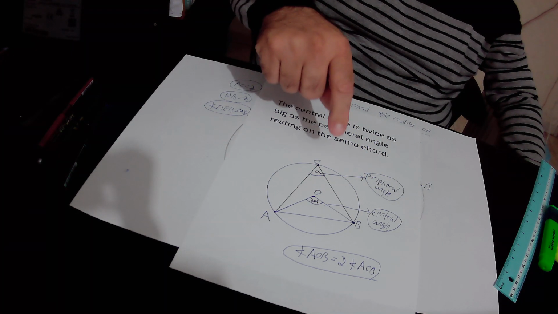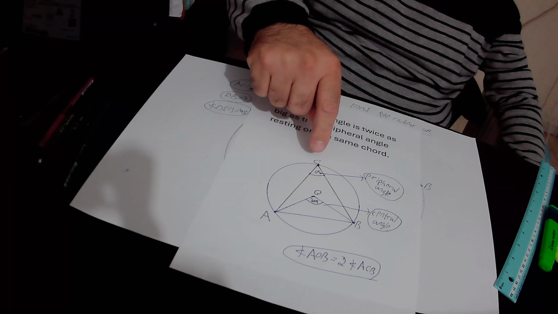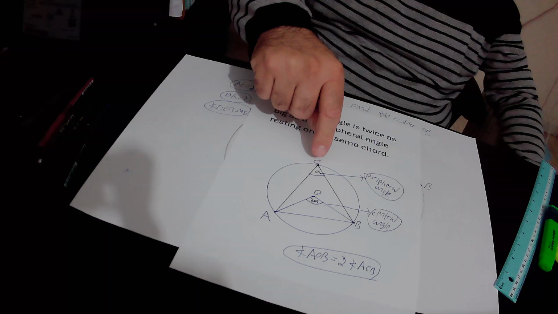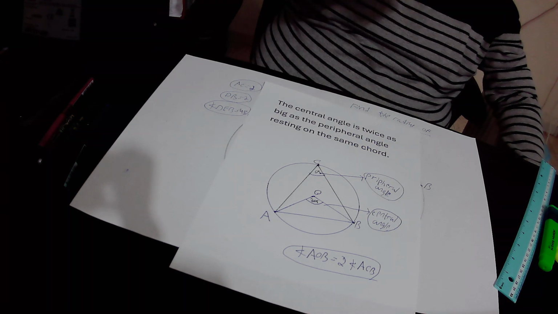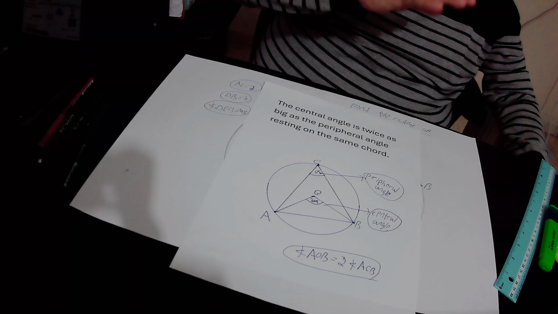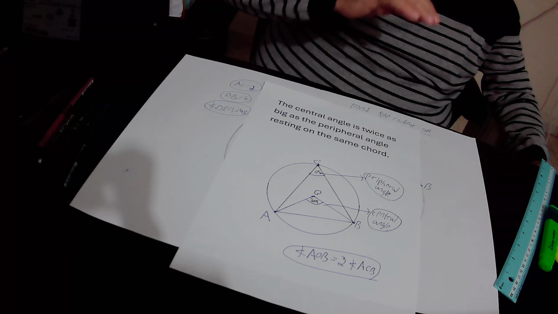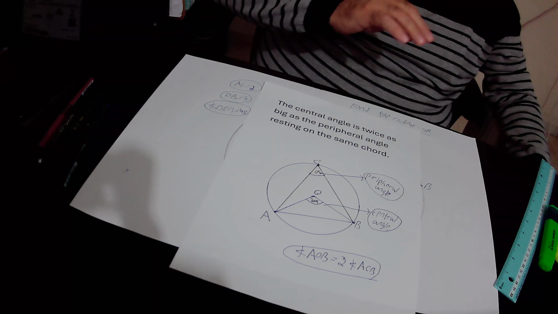Therefore, it will be twice as big as the peripheral angle. The peripheral angle equals alpha, therefore the central angle that rests on the same chord will be equal to 2 alpha. Okay, so the central angle is twice as big as the peripheral angle resting on the same chord.